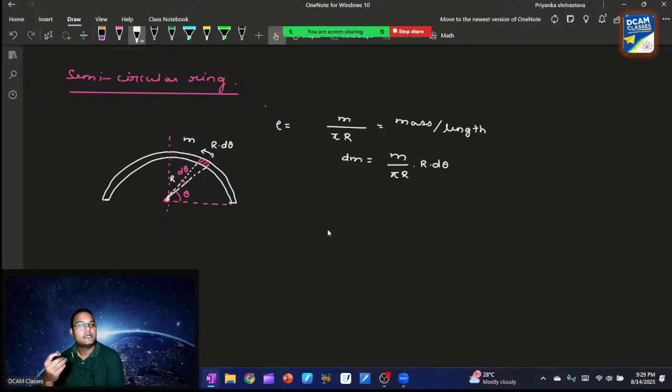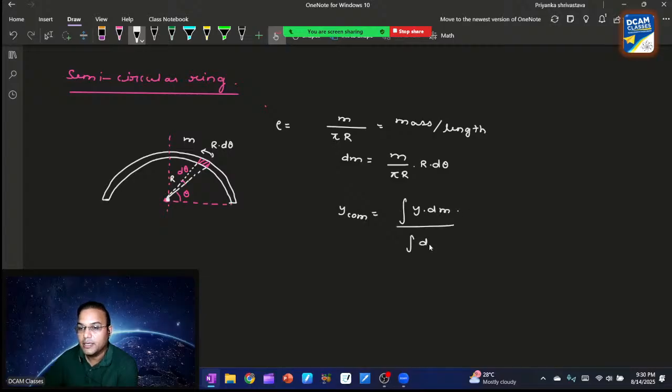And we are concerned with only y. So y center of mass will be integral y dm by integral dm, and x center of mass we already know. Here r will cancel, giving m by pi into d theta.